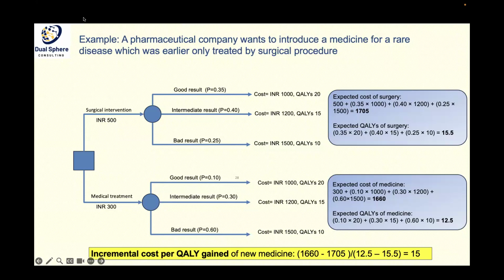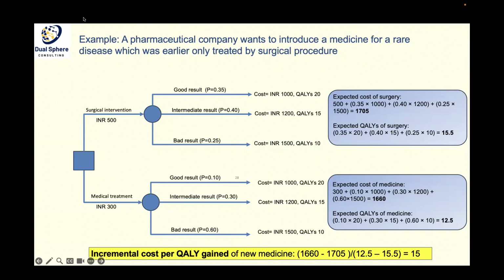So here, for the difference in cost, you have the cost of intervention minus the cost of your comparator, divided by the effectiveness, the QALYs of your intervention minus the QALYs of your comparator.